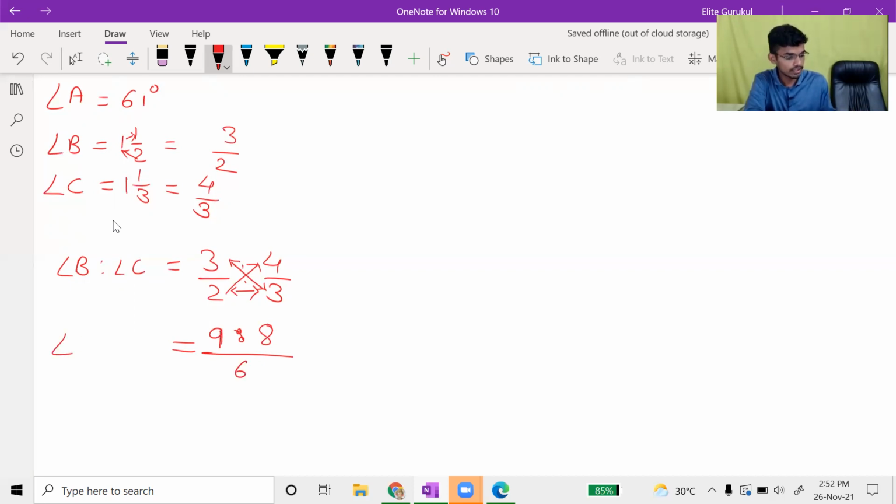So angle B's ratio will be 9 and angle C's ratio will be 8. Any doubt till here?